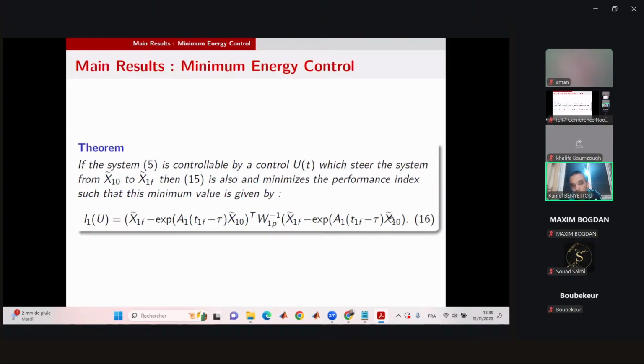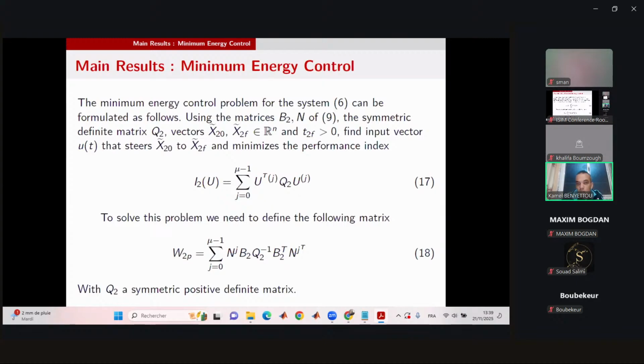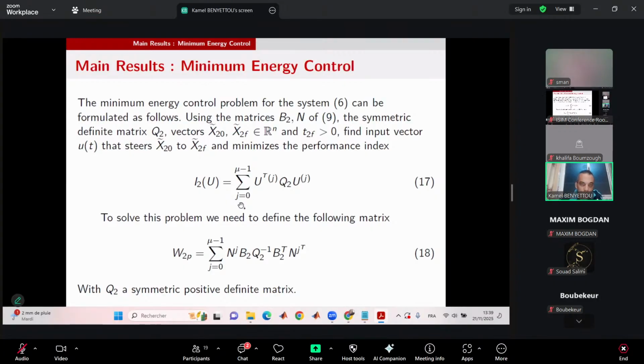So, this is for the first subsystem 5. And with equivalent tools, equivalent results, we can deduce the new formula. Note that this formula is a new equation in control theory.